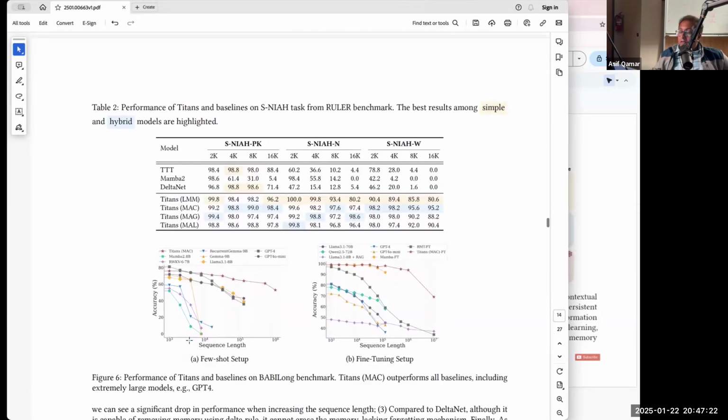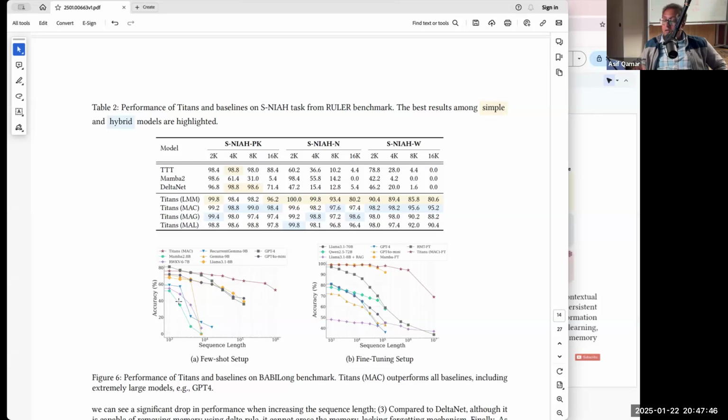And then another diagram you want to see. If you look at this diagram, the one in the red color is Titans, memory as a context. As the sequence length increases, they are still able to maintain the accuracy in the 80, 70 range. But other architectures are going down.